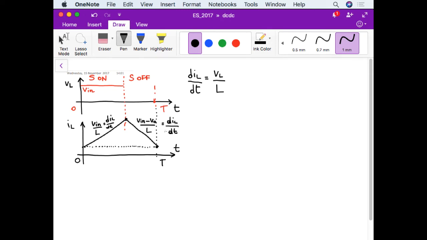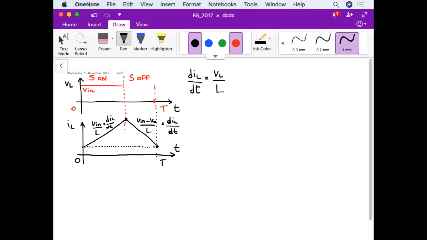So from this we learn something, and of course we learn that VO must be larger than V in, because this term at the numerator of this ratio must be negative. Okay? So this is the reason why in stationary conditions the output voltage must be larger than the input voltage. And the reason is simply that in stationary conditions the current must be periodic with period T, and therefore from the peak it must go down, and in order to go down the derivative must be negative.